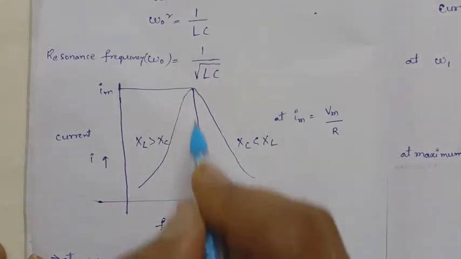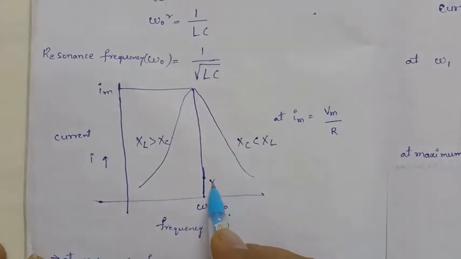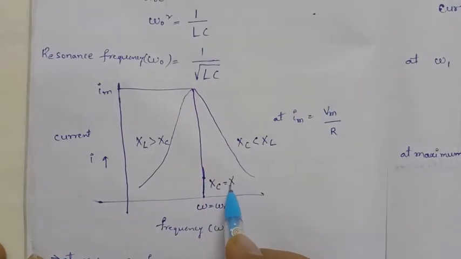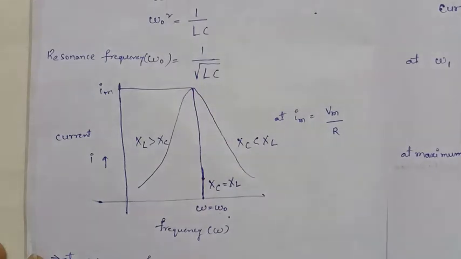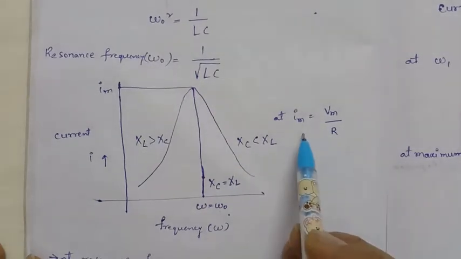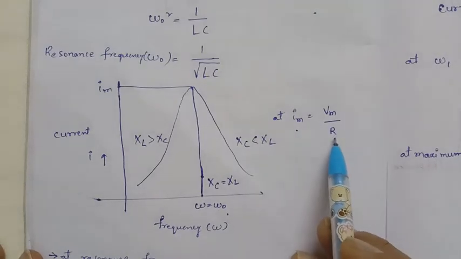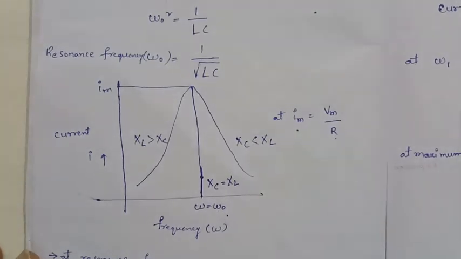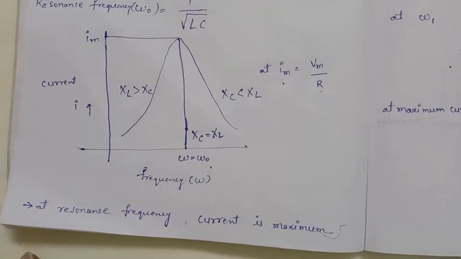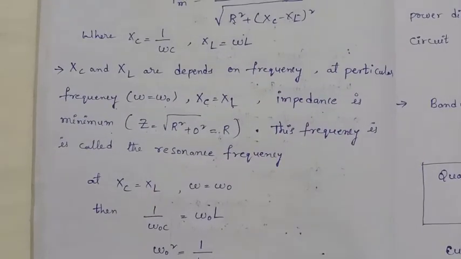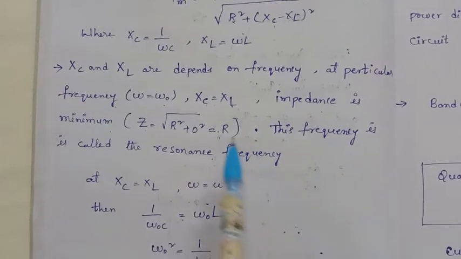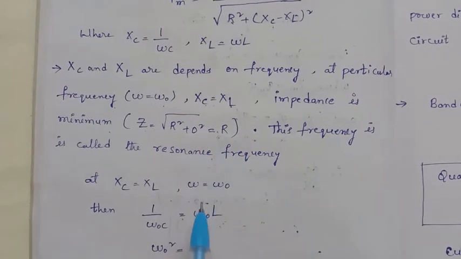At this peak value of maximum current, Xc is equal to XL. At that time, at resonance frequency, Im is equal to Vm upon R. At resonance frequency the current is maximum, or the minimum impedance occurs at a particular frequency, and that frequency is called the resonance frequency.